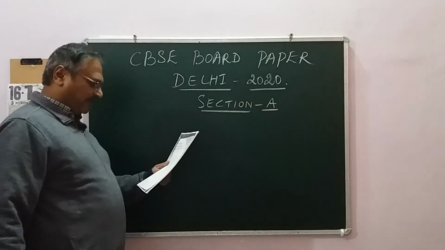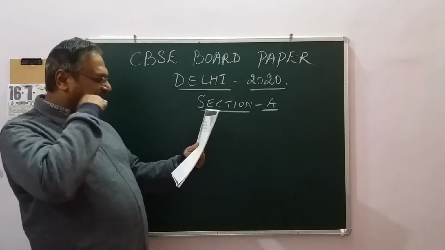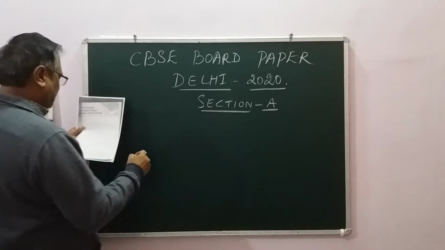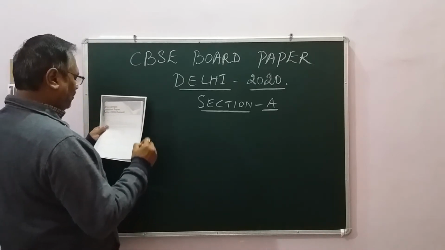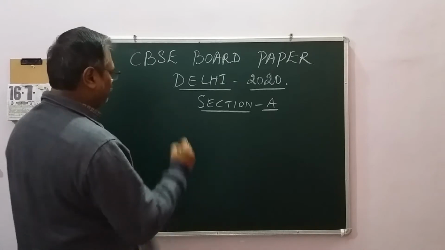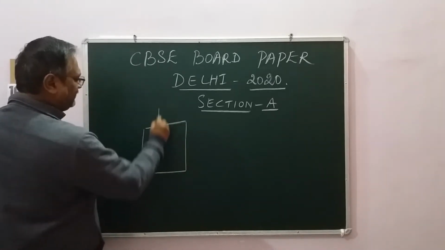These are MCQs. The first question is, a charge Q is placed at the intersection of the body diagonals of a cube. See, there is a cube. Okay, let us take a cube now.